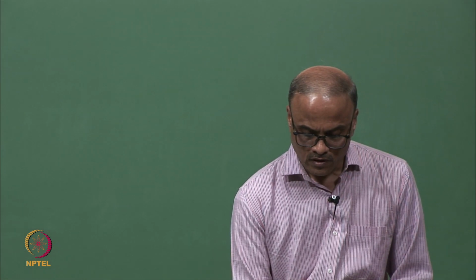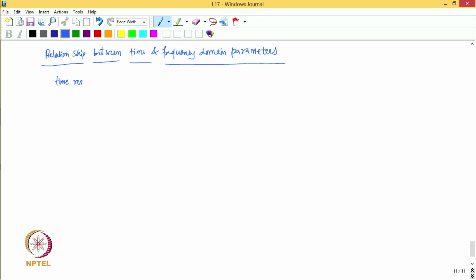The first parameter is time resolution, which is the time interval delta t, and this is equal to 1 by Fs, where Fs is the sampling frequency in hertz.